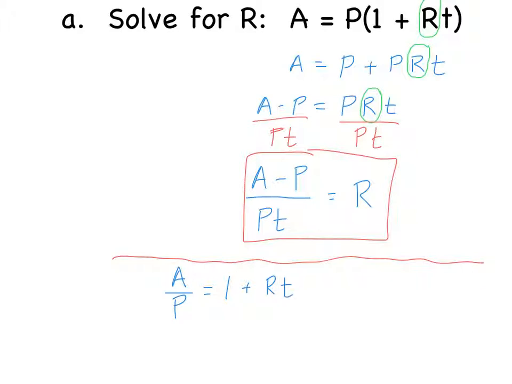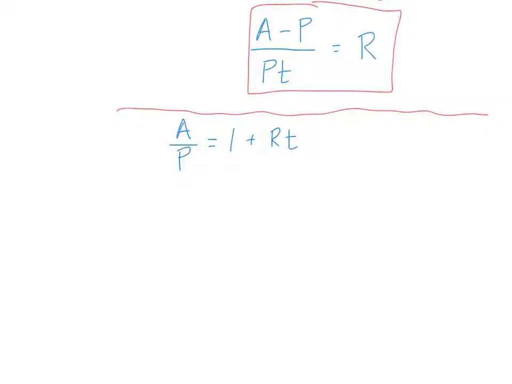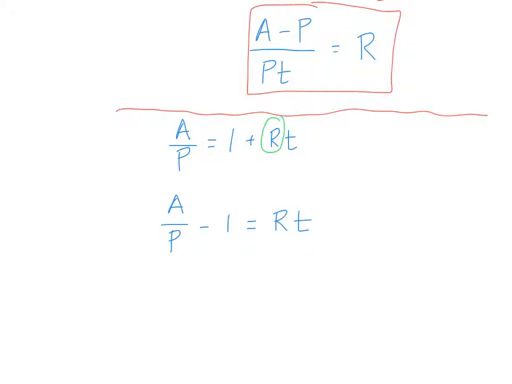Now we still want to get r by itself, so the first thing we can do is subtract this 1. When we do that, we will have A over p minus 1 is equal to r times t.